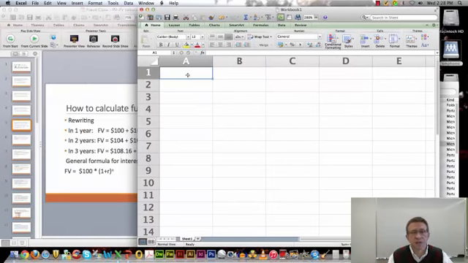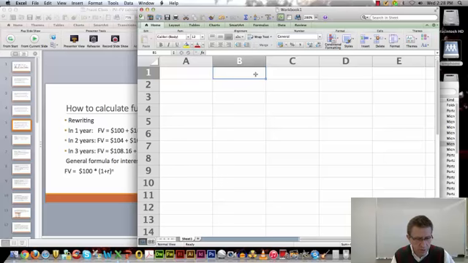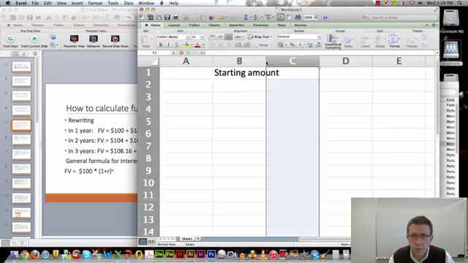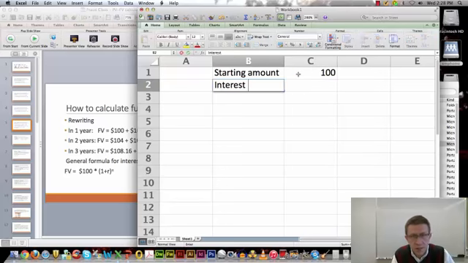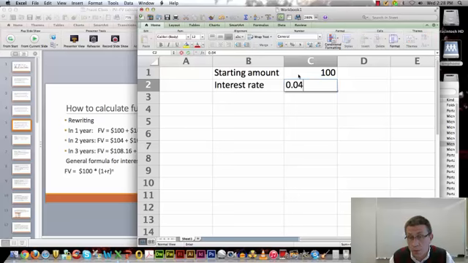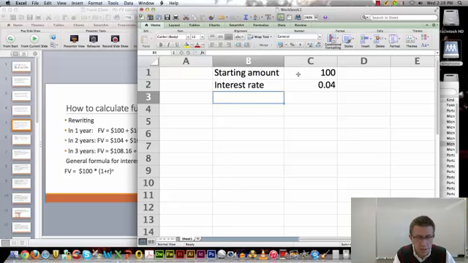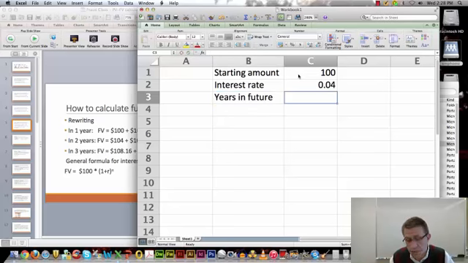Okay, we have Microsoft Excel up now. So our formula, we're going to write out starting amount, and we'll start with $100. Interest rate, well, we have 4%, that's what we said, and time, years in future. We've done several different ones, but we'll go with 3.